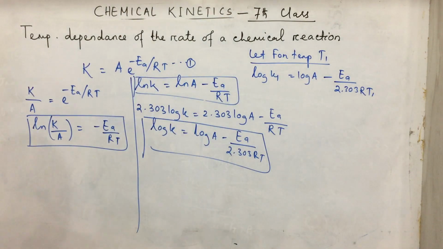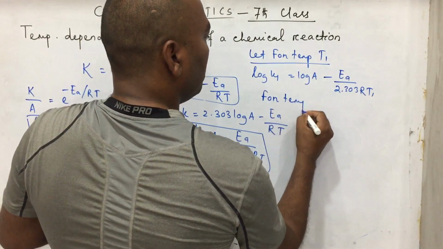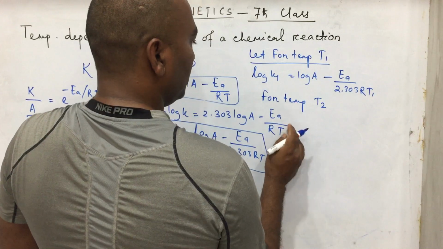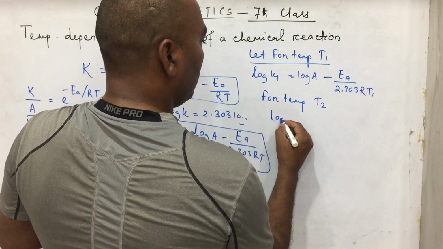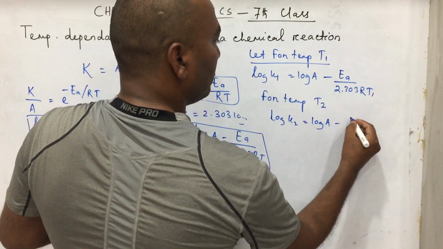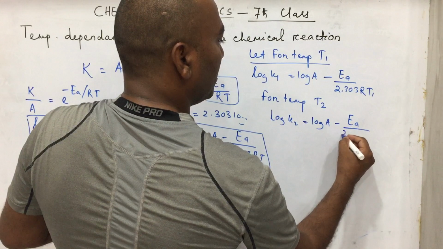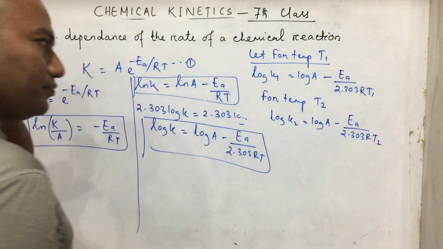Similarly for temperature T2, the equation will be log k2 equals log A minus Ea divided by 2.303 RT2.